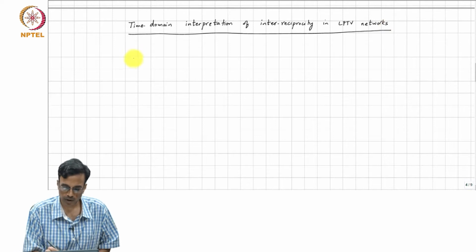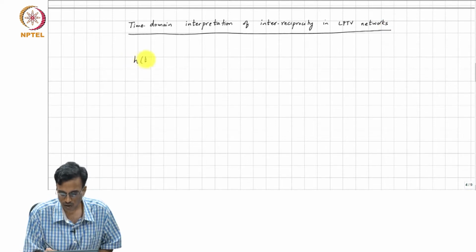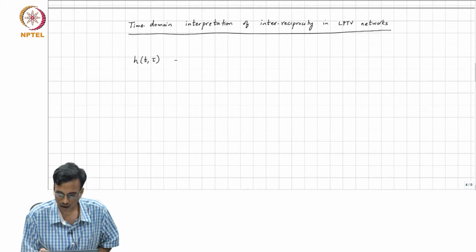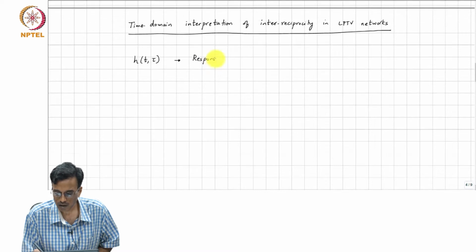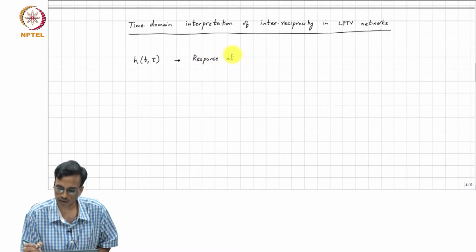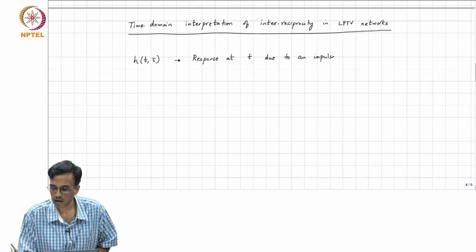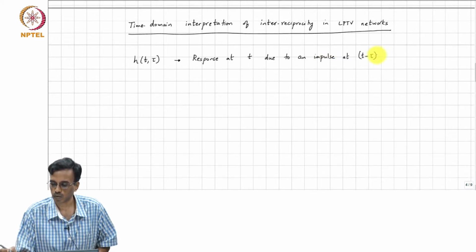So, quick review of notation. Remember h of t comma tau was the response at t due to an impulse at t minus tau, right.